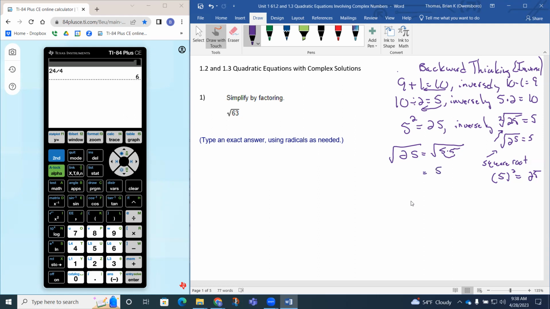So one of the things we learn is, for each factor pair inside the radical, bring out the factor.